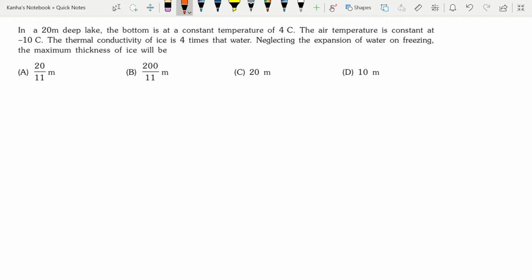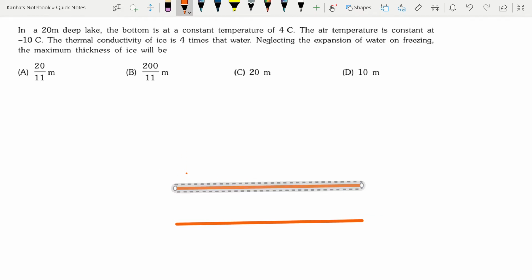So let's try to do this. First of all, let me make the bottom. This be the bottom. Then I can again make another surface, and then I can make another surface here.